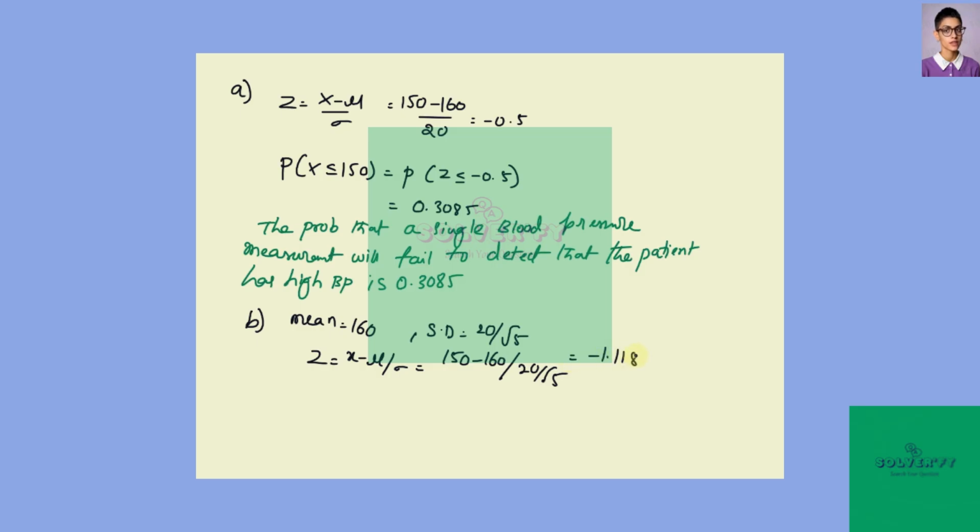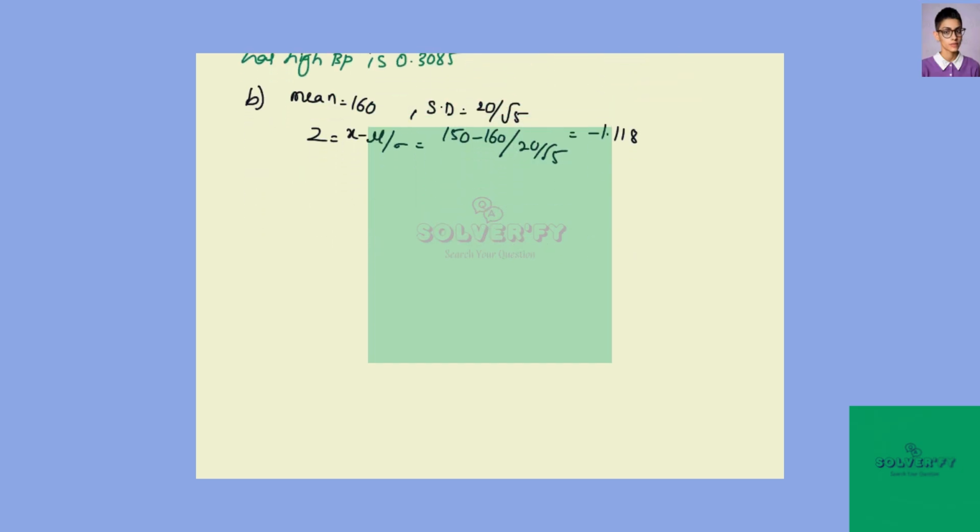Now we can look up the probability in a standard normal distribution table to find the probability of x less than or equal to 150. It is equal to probability of z less than or equal to minus 1.118. So it is equal to 0.1317.